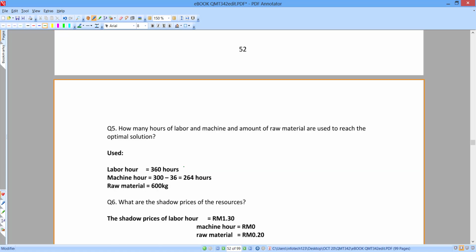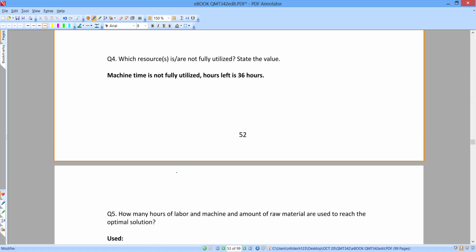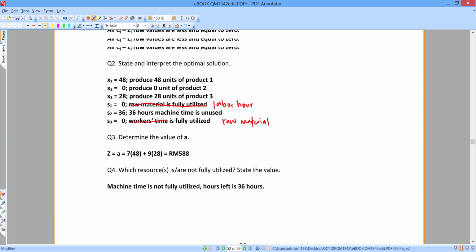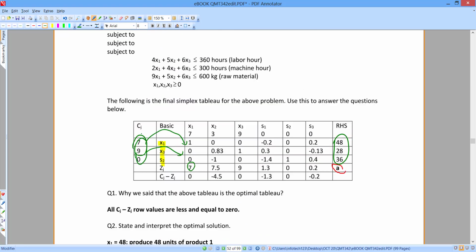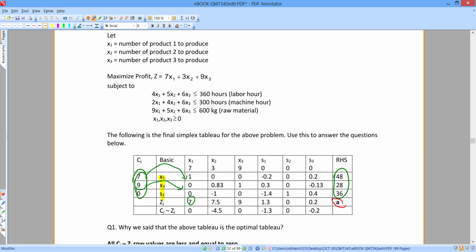Question 5. How many hours of labor and machine and amount of raw material are used to reach the optimal solution? So again, amount used, kita tengok labor hour kita ada berapa, 360 hours. Okay, 360 hours. So macam mana nak dapatkan itu? Kita dapat daripada sini lah, daripada kita punya constraint value. So labor hour kita fully utilize 360.